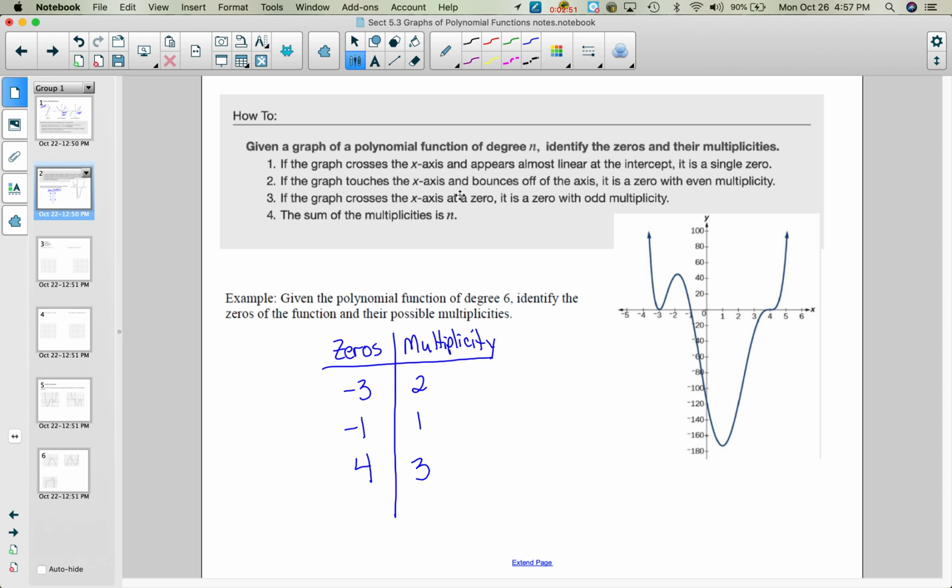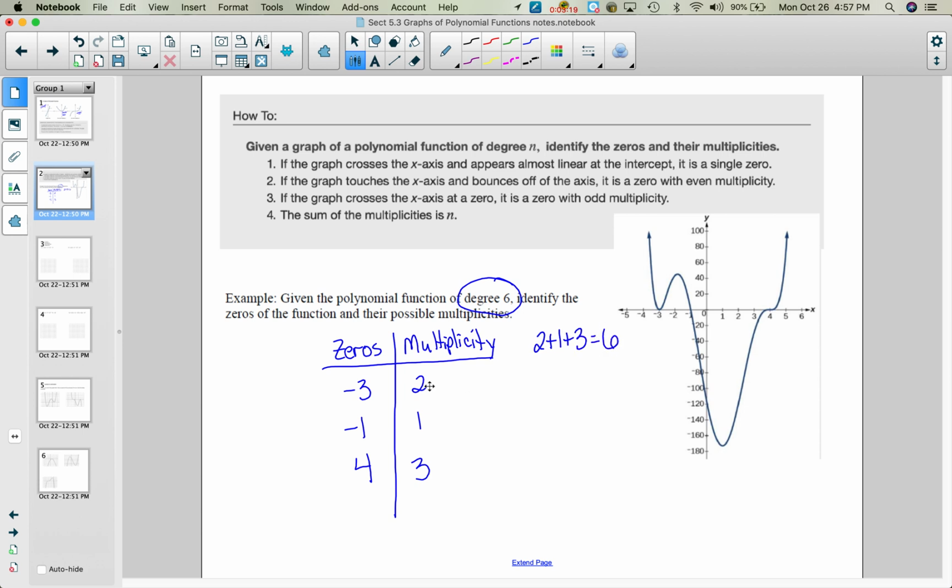If the graph crosses the x-axis at a 0, it is a 0 with odd multiplicity. This is the wiggle one. And then the sum of the multiplicities is the degree. In this case, the sum of our multiplicities is 6.